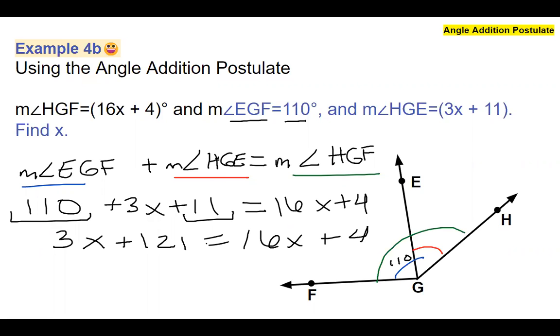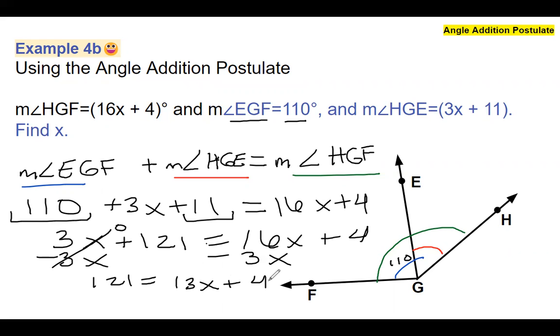Okay, so let's go ahead and eliminate 3x first. This goes to 0. We're left with 121 equals, what is 16x minus 3x? 13x plus 4.